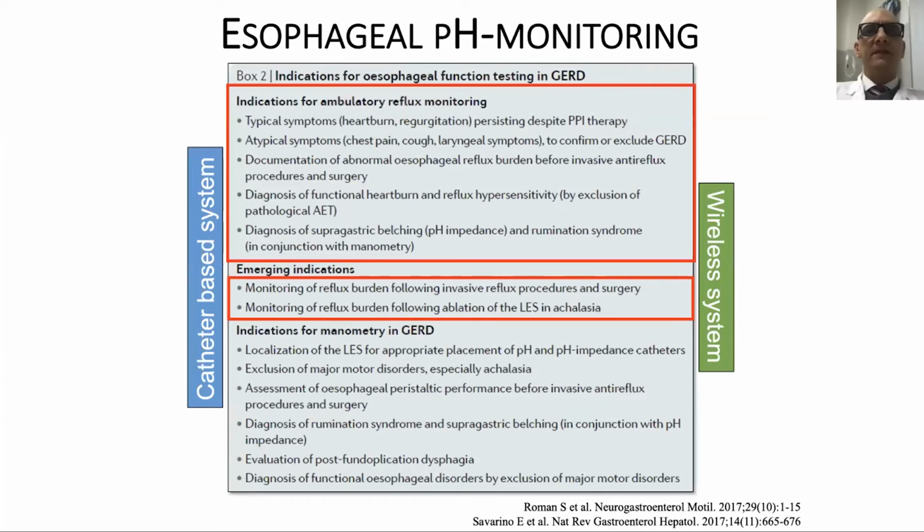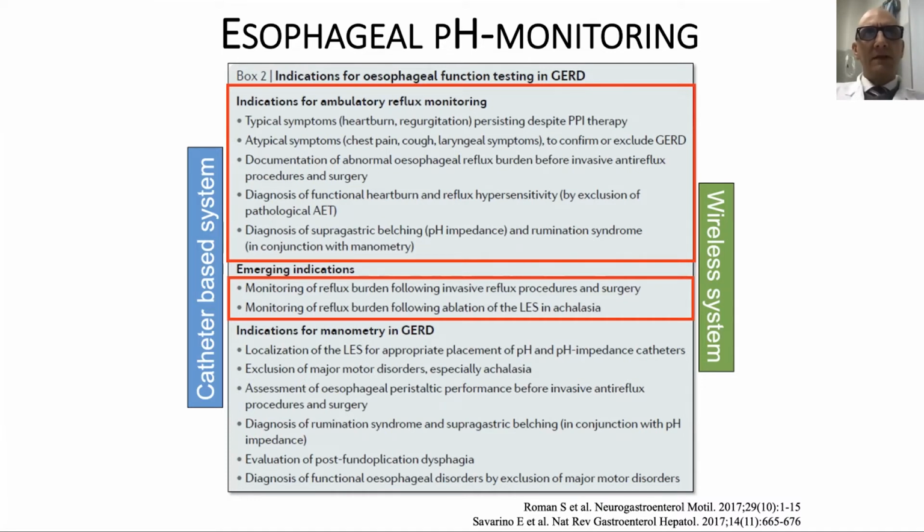Okay, the most important indication to do esophageal pH impedance monitoring test are the presence of a typical symptom that persists despite PPI treatment, or to test a typical symptom that should be evaluated off treatment.